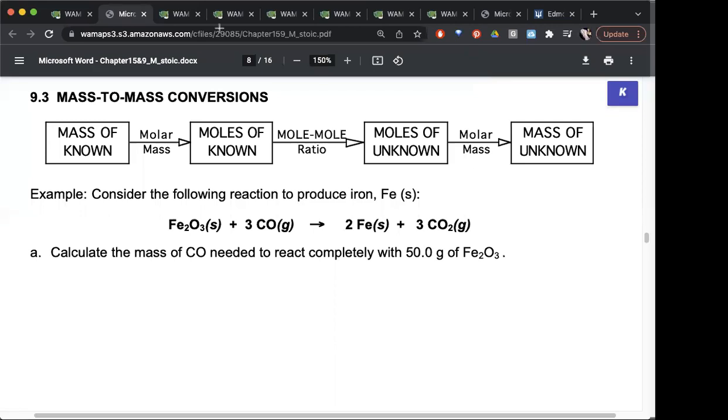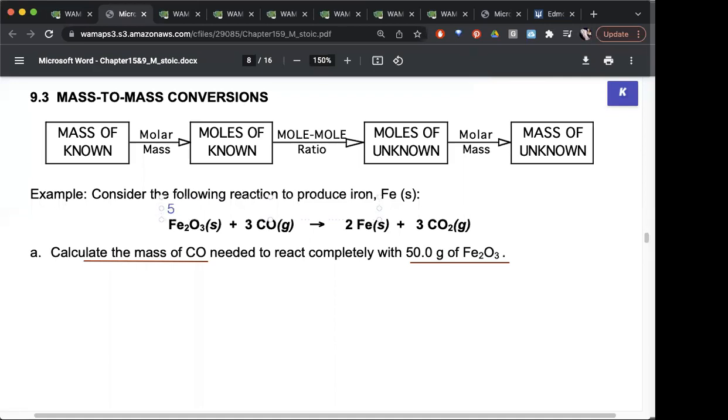So let's take a look at what we've got. Calculate the mass of CO needed to react completely with 50 grams of Fe2O3. I like to notate these a little bit.